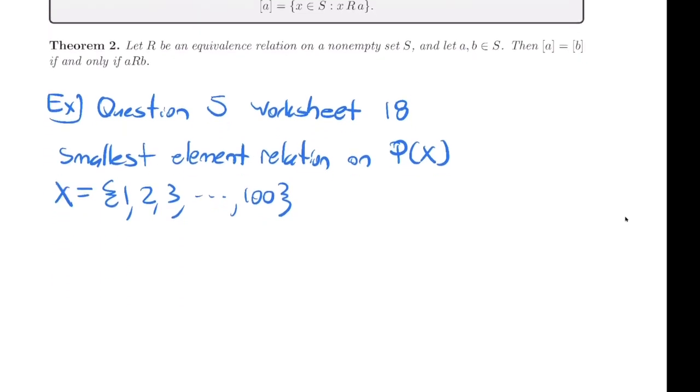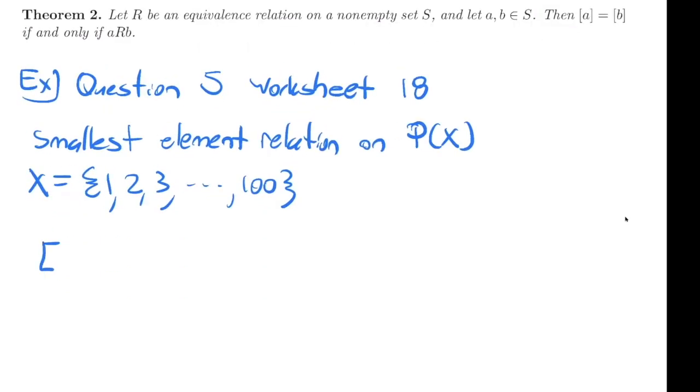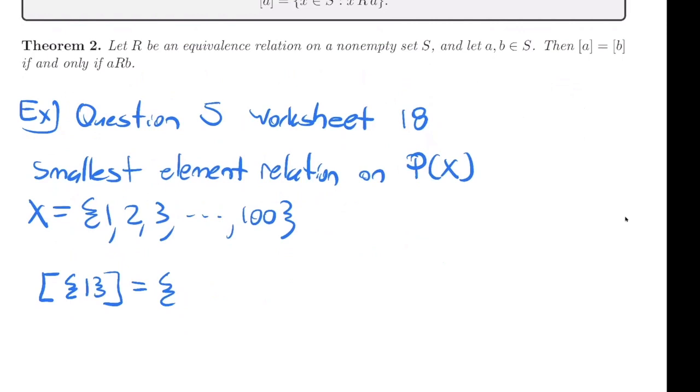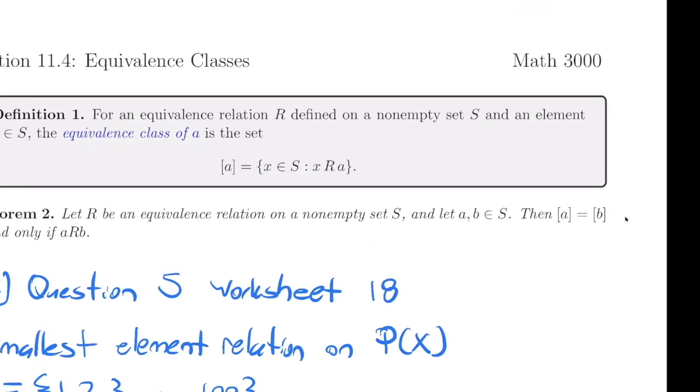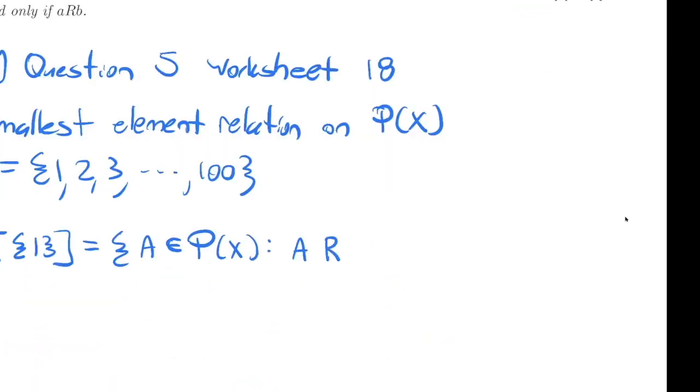We said this was an equivalence relation, and then the equivalence class of 1 would be the set of all elements A such that A is related to 1.